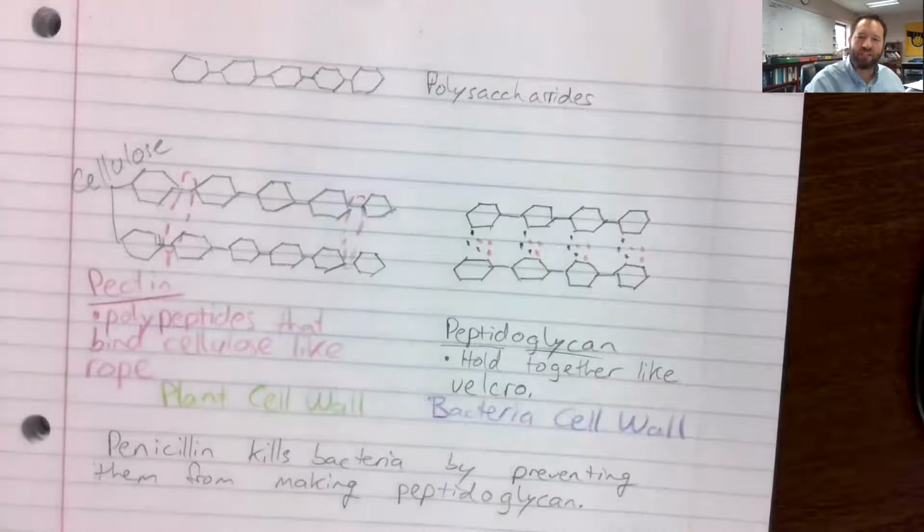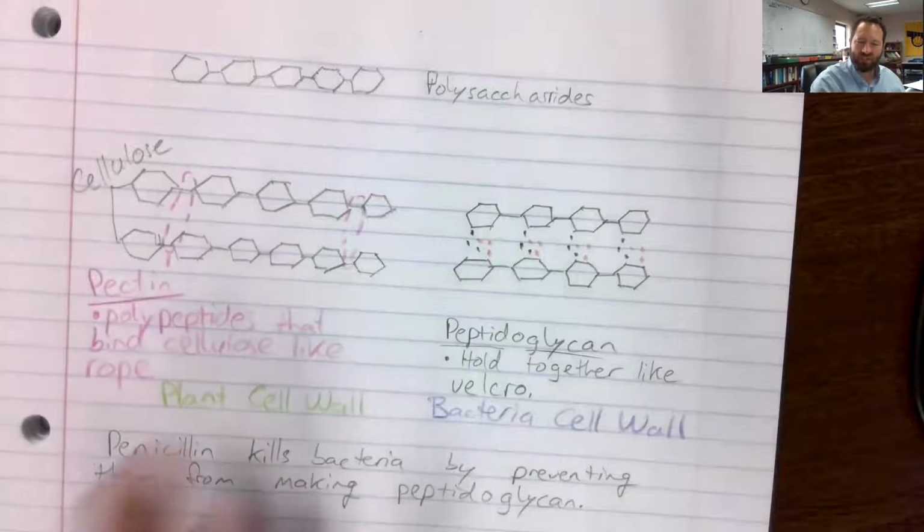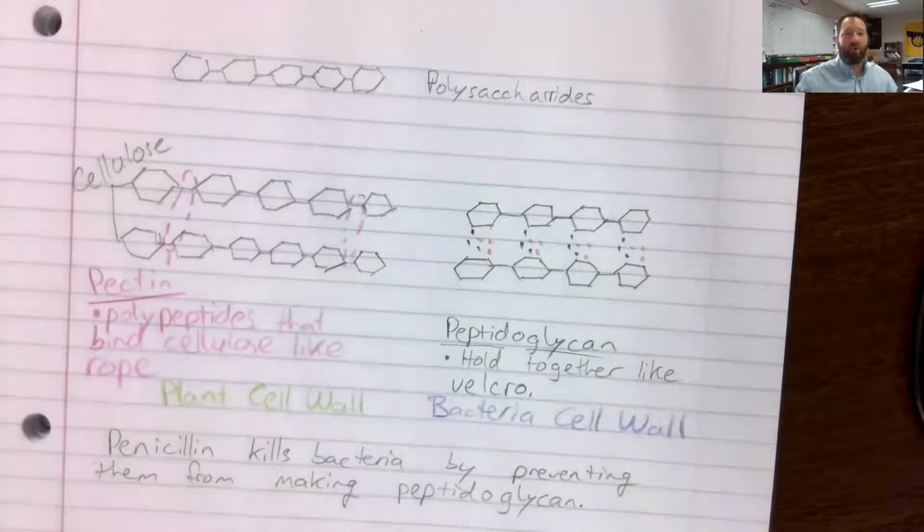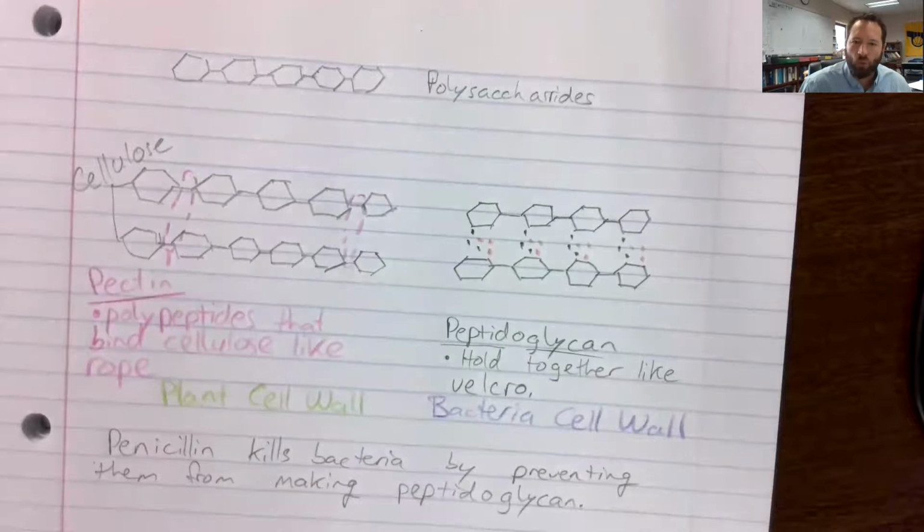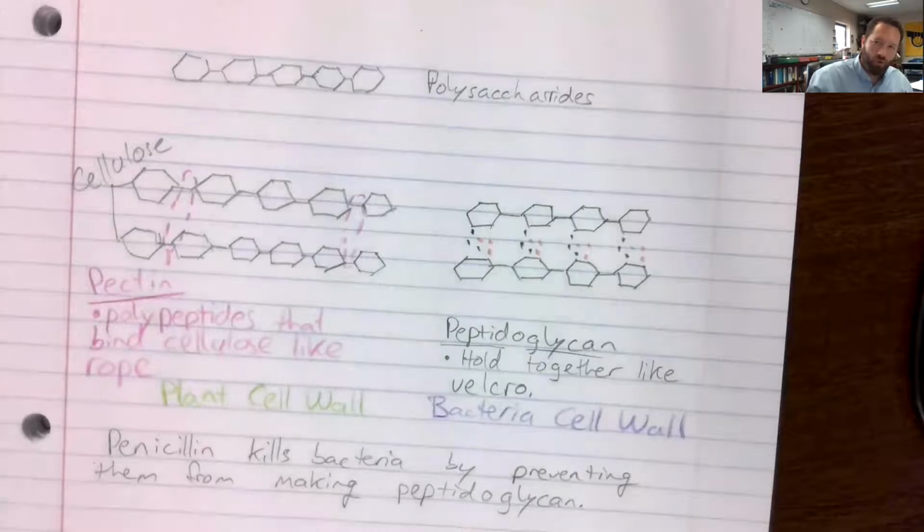Penicillin kills bacteria by preventing them from making peptidoglycan. So penicillin is this wonder drug that's really only been around. We discovered it in the 1920s, Alexander Fleming, but we've really only been able to mass produce it since about the 1940s or 50s. It hasn't been that long, and it's really changed the world.